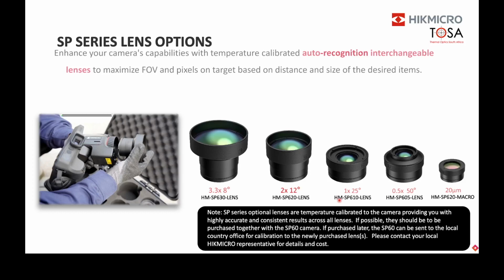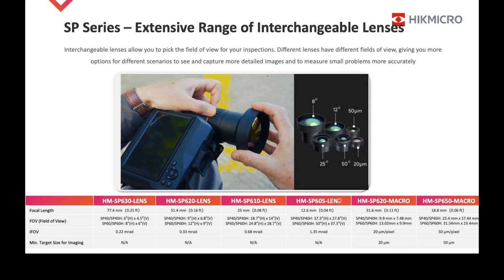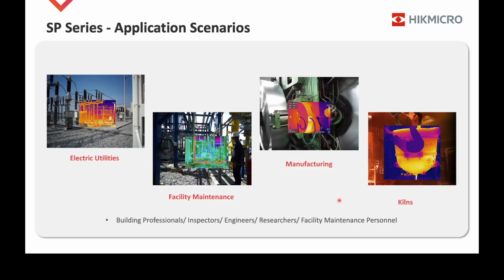These are the lenses, very useful when you need to zoom into areas like electrical transmission lines, isolators, and being able to spot differences in temperatures in transmission lines. There are the lenses. I'm not going to go through all of the lenses, but there you can see it's got a full array of different lenses, including wide-angle lenses.